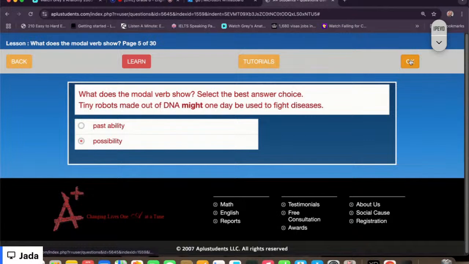All right, possibility. We may go skiing tomorrow if there's enough snow. Request or possibility? So possibility.